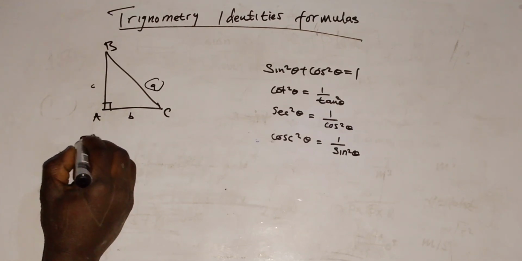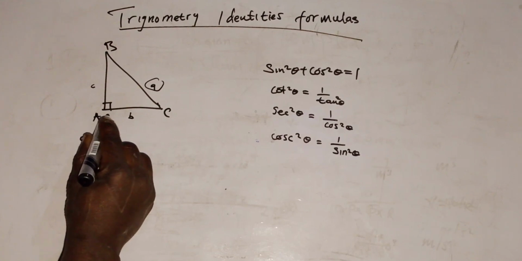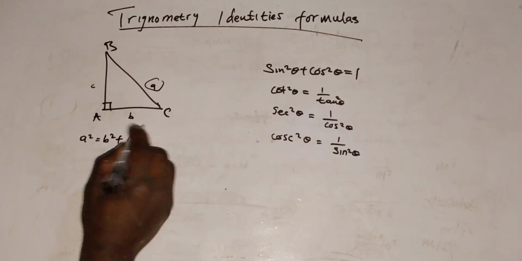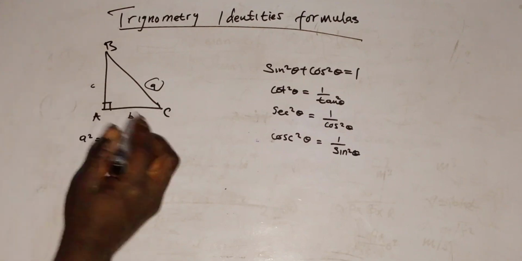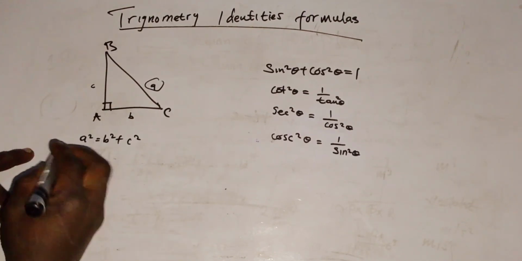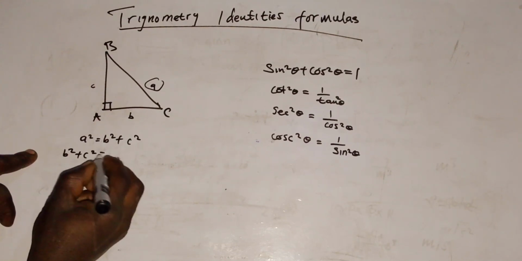So we're going to say a squared should be equals to b squared plus c squared.